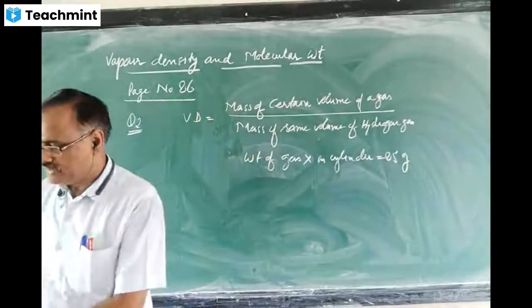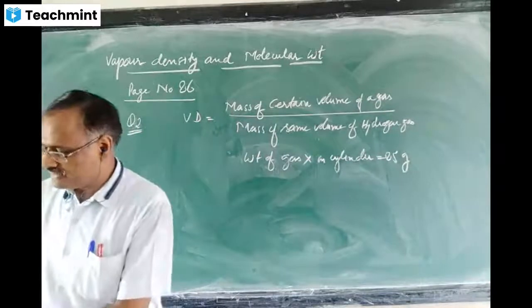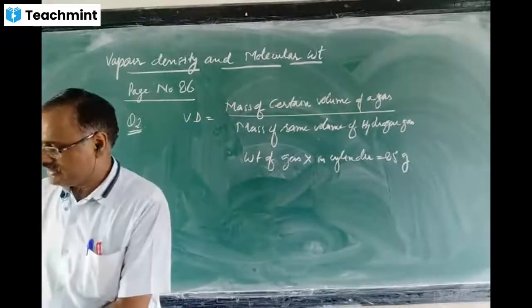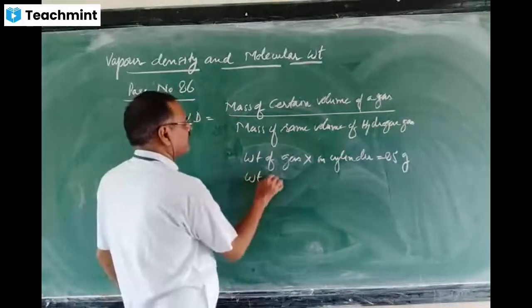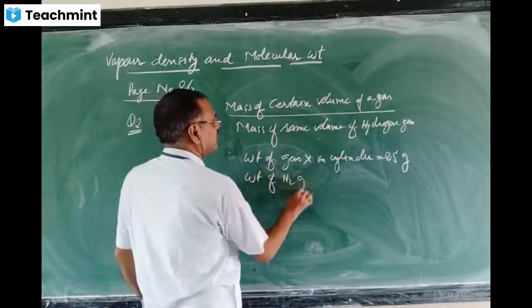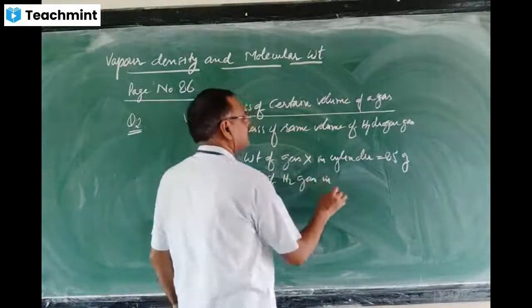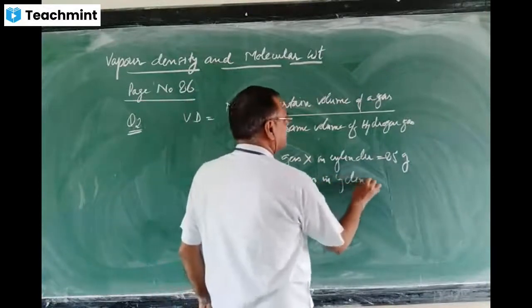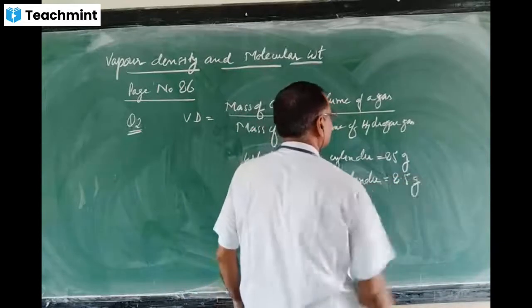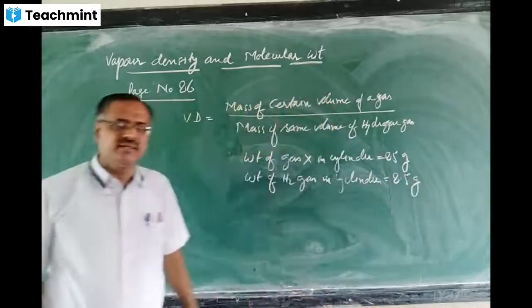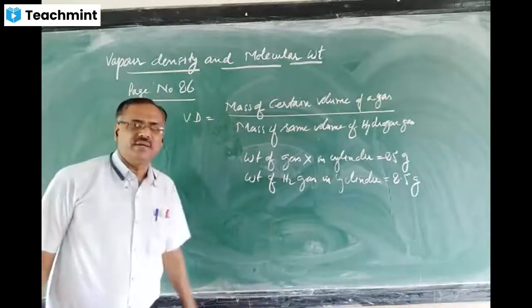Then when the same cylinder is filled with hydrogen, the weight is given as 8.5 grams. So the weight of hydrogen gas in the cylinder is 8.5 grams.